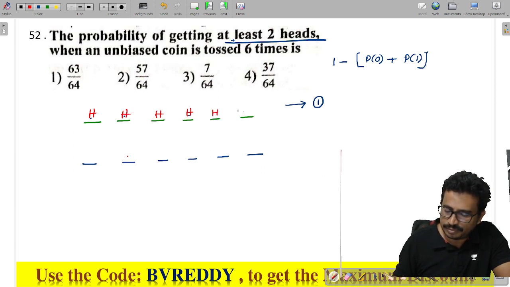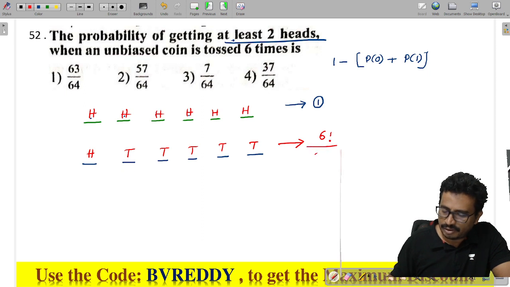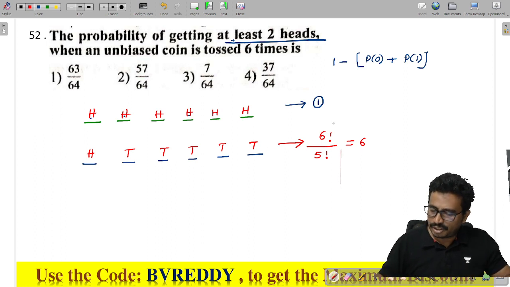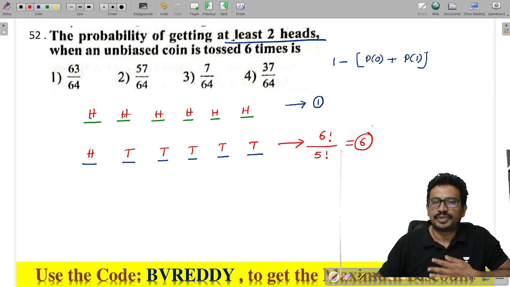That is 1 combination. And 1 head, remaining all are tails. How many ways can you arrange it here? 6 factorial by 5 factorial. That means 6 ways. Now tell me totally how many ways.